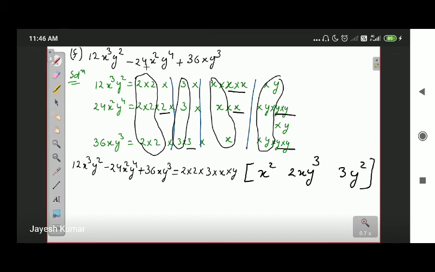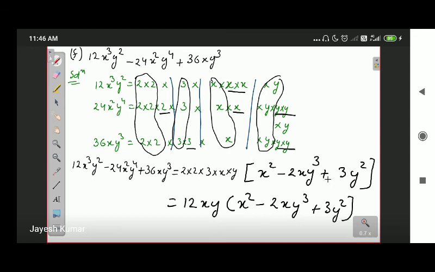So signs will be first is positive, second is negative, and third is positive. So final result will be 2 2s are 4, 4 3s are 12, xy, x square minus 2xy cube plus 3y square.